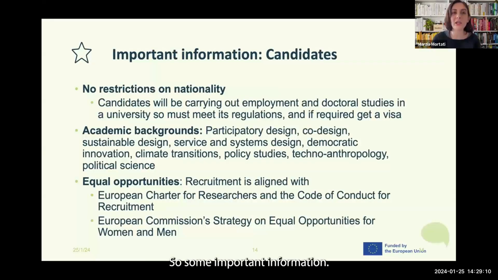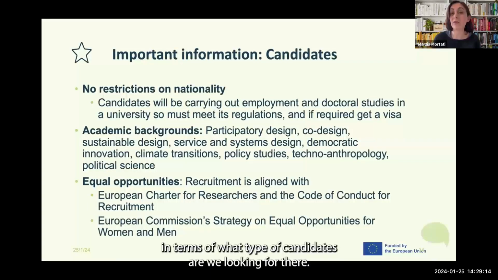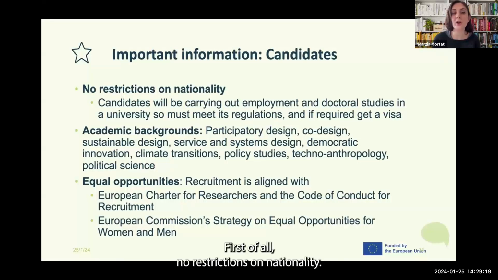Some important information, and here I get a little bit more technical in terms of what type of candidates we are looking for. There is, first of all, no restrictions on nationality. Candidates from anywhere in the world can indeed apply to any of the 13 positions.